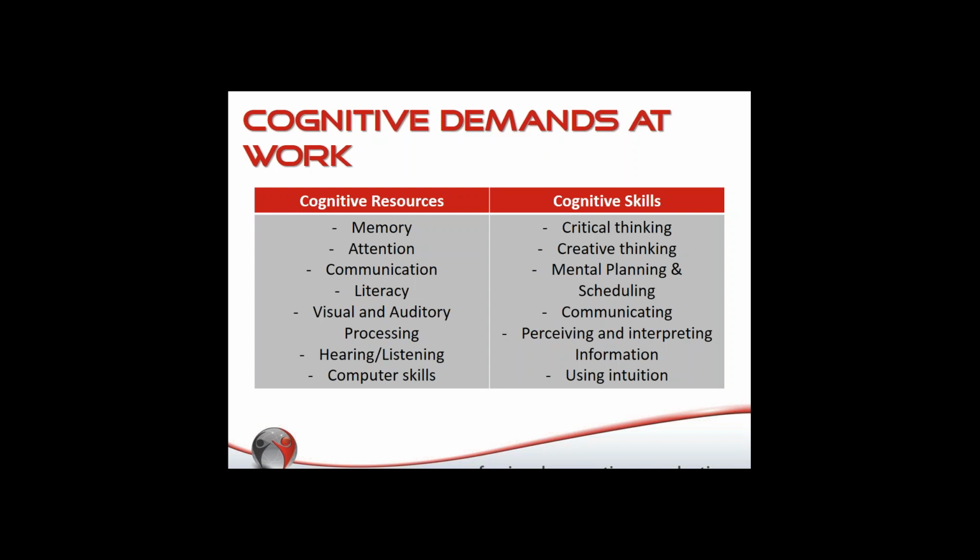And then as we get into more complex jobs, that's where the cognitive skills come into play, right? You need to have good communication skills, good memory skills, good processing skills, right, in order to be able to think critically about a situation and problem solve when you're faced with a challenge. We also need to be able to perceive and interpret information, and this could be information on paper or on the computer, right?